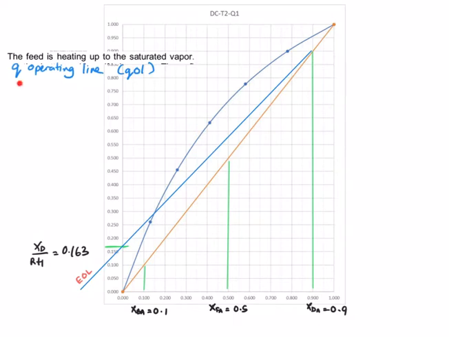So the value of Q is equal to 0 for saturated vapor, and the line is a horizontal line. Okay, so this is how the Q operating line looks when the value is equal to 0.